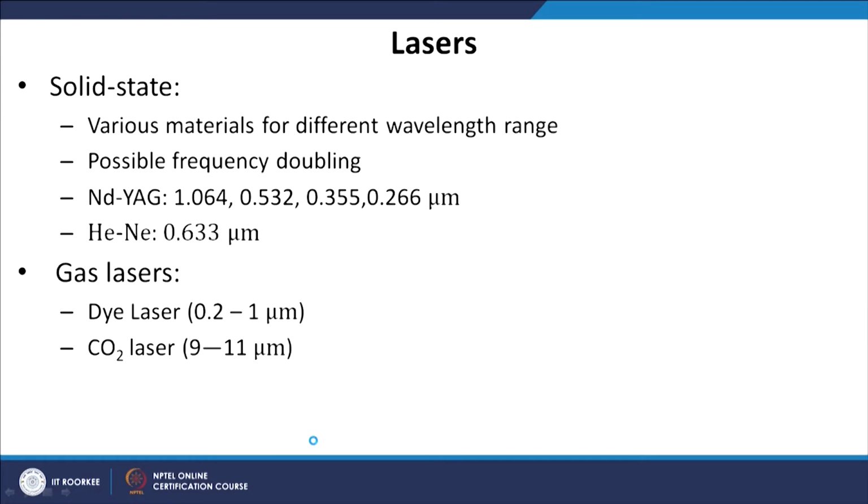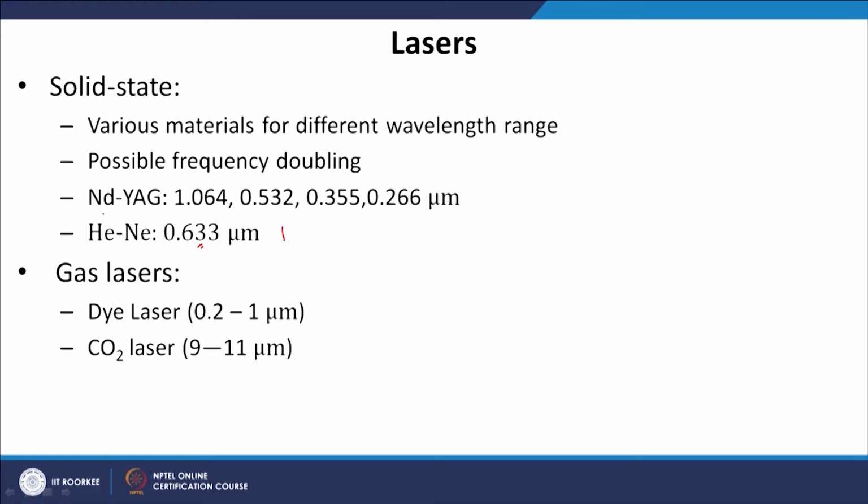Many lasers are popular in experiments, especially the helium neon laser is very popular. Various materials are used for solid state lasers. Lasers are again of two types, solid state lasers and gas lasers. Solid state lasers, again various materials can be used to generate monochromatic light source.